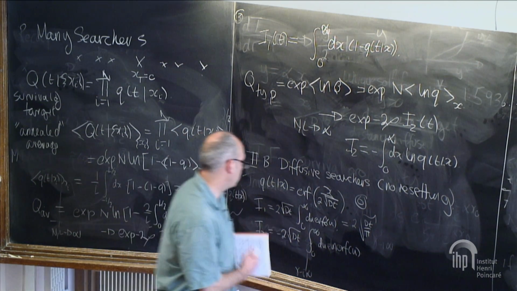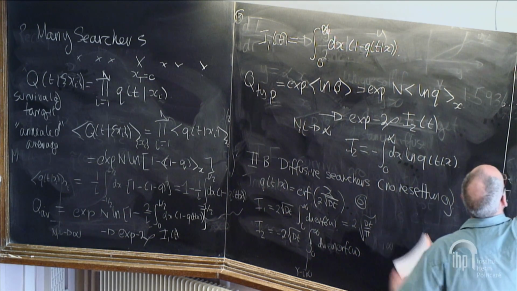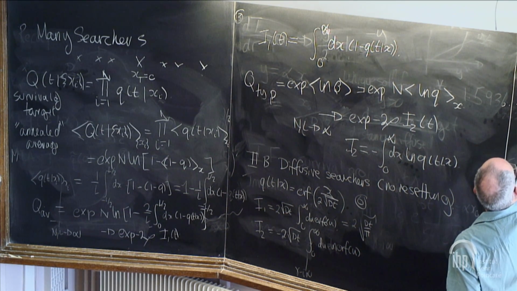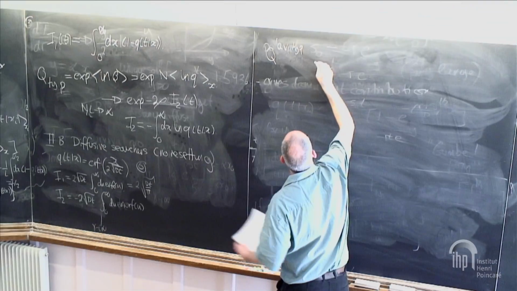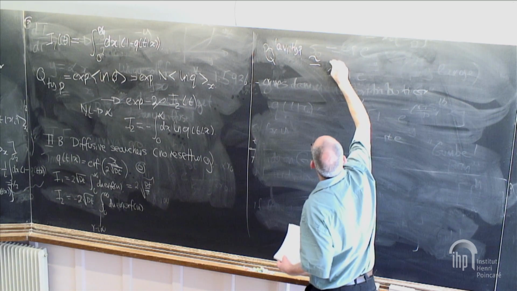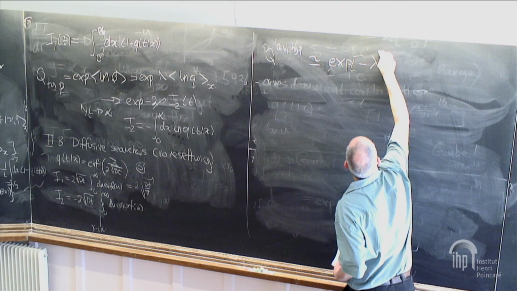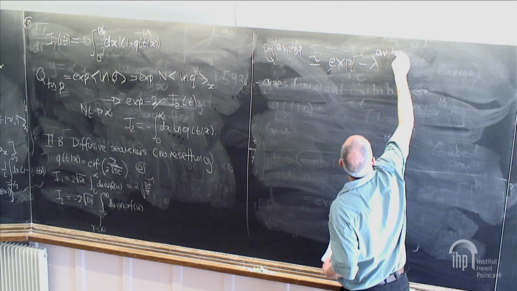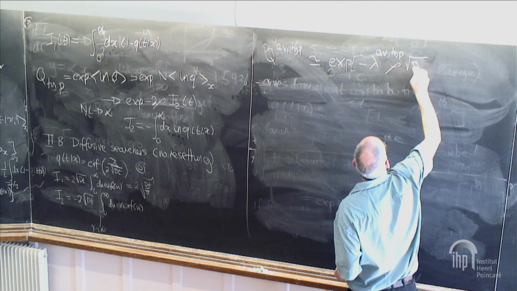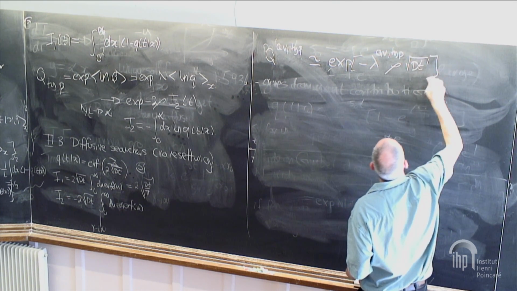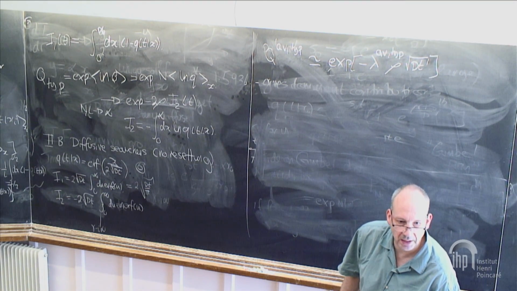So in both cases, the survival of the target, both in the average and the typical case, will go like an exponential with some constant that depends on whether we're looking at the average or the typical case, but it will be rho root Dt. To physicists, this was an interesting result because you get a stretched exponential relaxation.